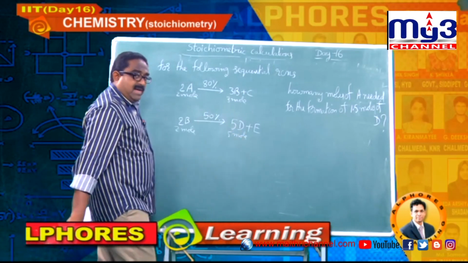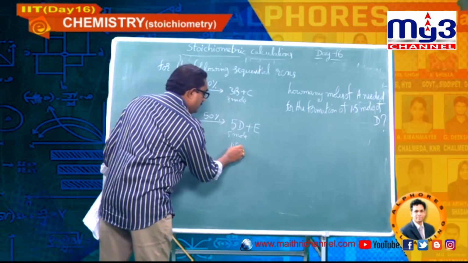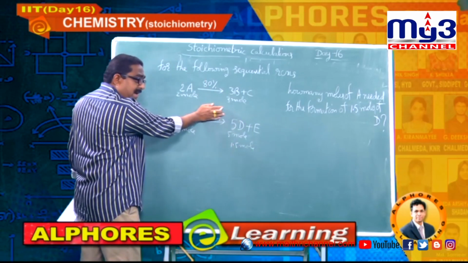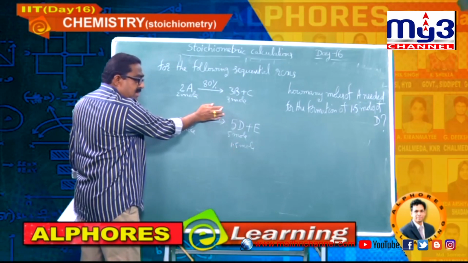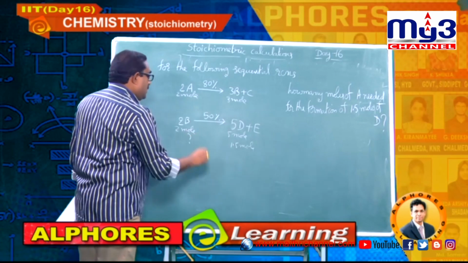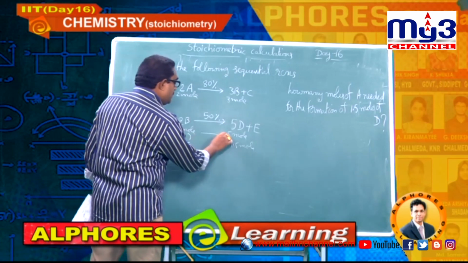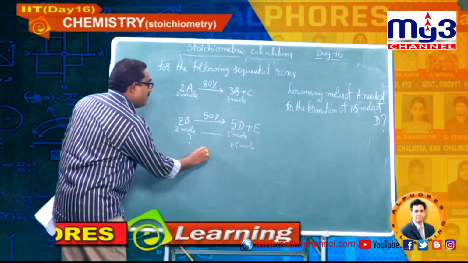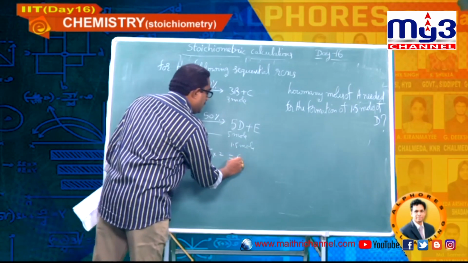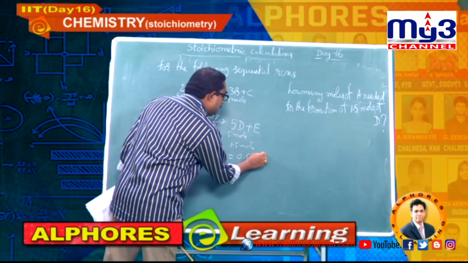My requirement of D is 1.5 mole. Forget about this 50% for some time, students. First of all, without this let me explain. 2 moles will give 5 moles, 1.5 moles. 1.5 by 5 into 2, that is 0.6 mole.